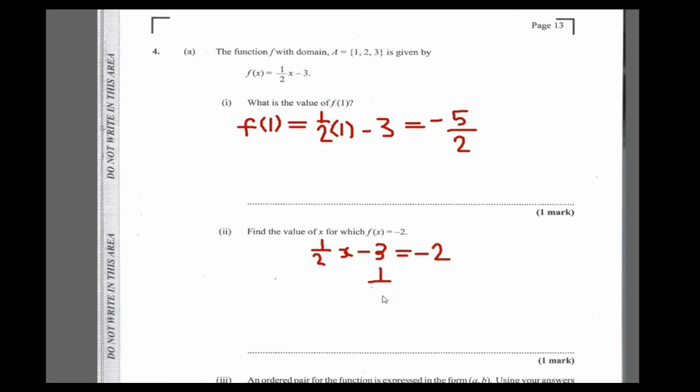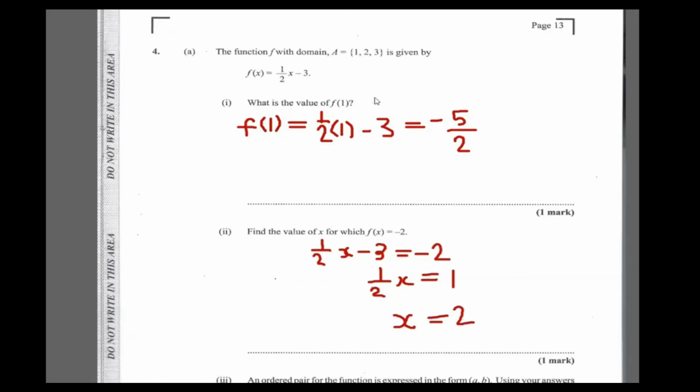So we have a half x equals 3 minus 2, which is 1. We multiply through by 2 to get x must be equal to 2. So x equals 2 makes f of x be negative 2.